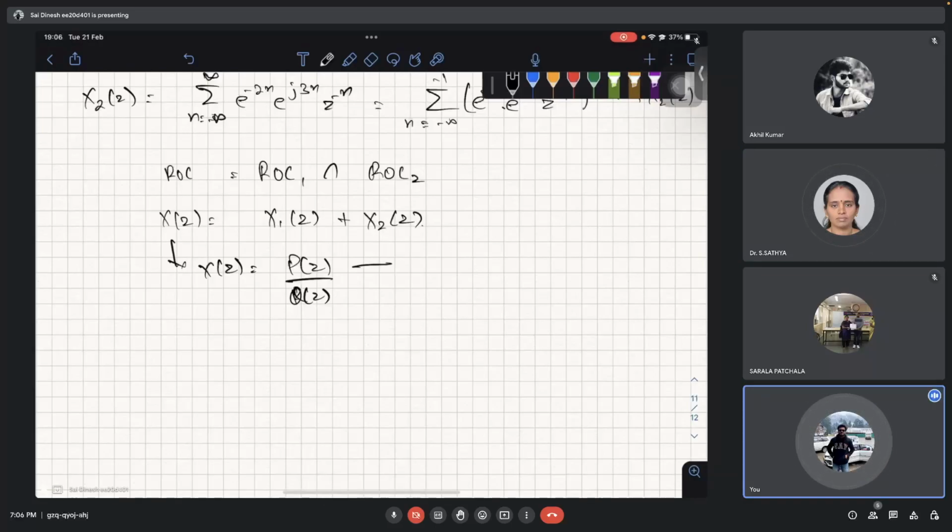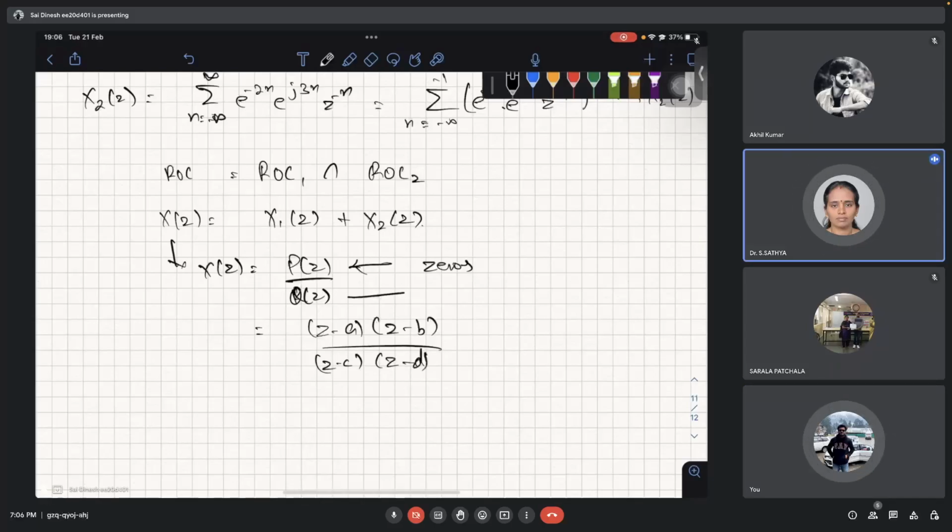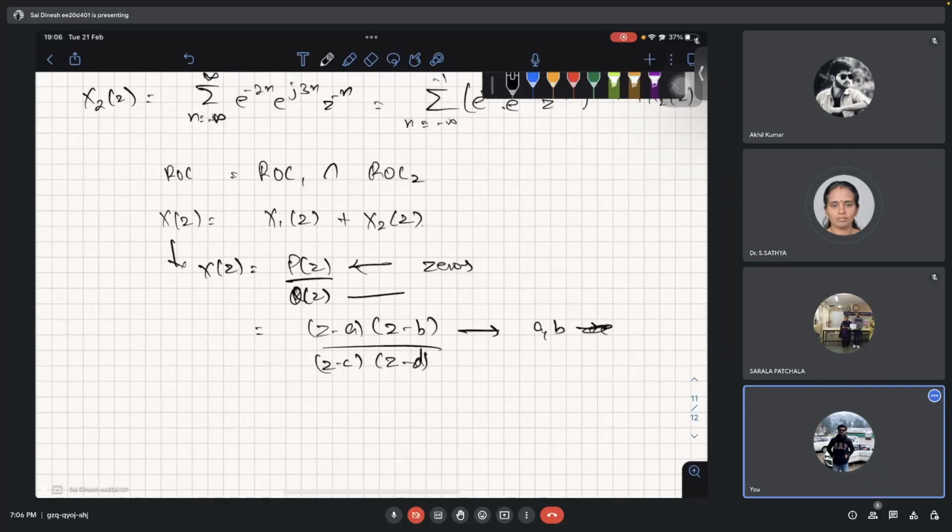So if you solve for the numerator, you get the zeros. Like this will be of the form z into z minus a, z minus b by z minus c into z minus d. If you solve, here a, b are zeros, right?